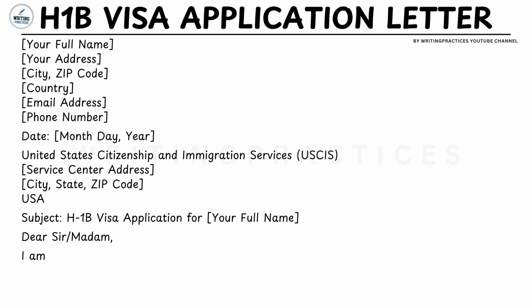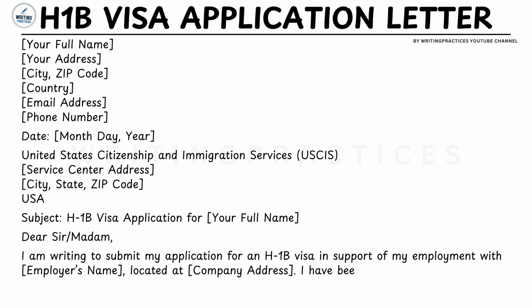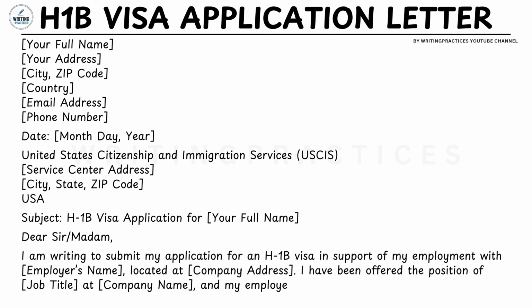Opening paragraph, stating your visa request and employment details. The first paragraph should clearly state the purpose of your letter. You need to mention that you are applying for an H1B visa, the company that has offered you a job, and confirm that your employer has filed the necessary petition on your behalf. For example, I am writing to submit my application for an H1B visa in support of my employment with Tech Solutions, Inc., located at 123 Innovation Drive, San Francisco, California, 94105.